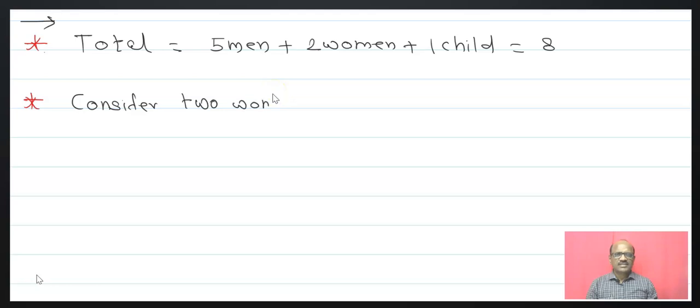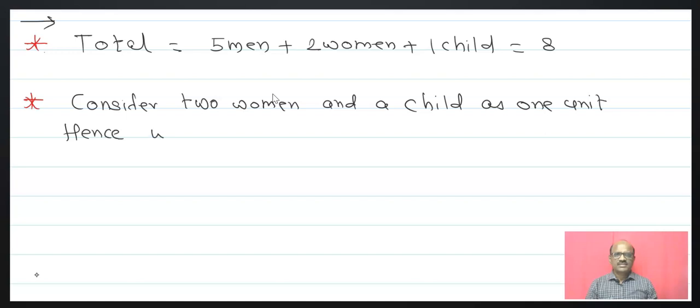Next is consider 2 women and a child as 1 unit. Hence, that is 5 plus 1, that is equals to 6.